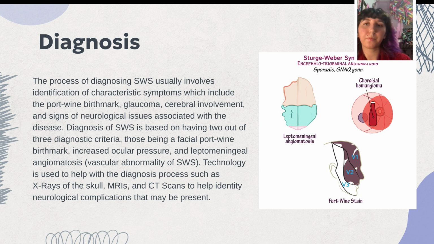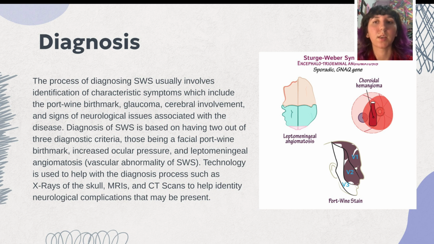Diagnosis. The process of diagnosing Sturge-Weber syndrome usually involves identification of characteristic symptoms, which include the port wine birthmark, glaucoma, cerebral involvement, and signs of neurological issues associated with the disease.